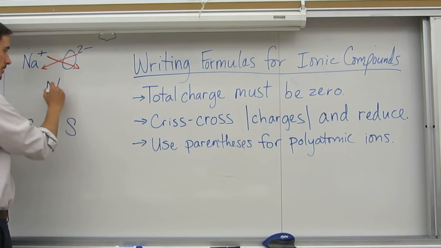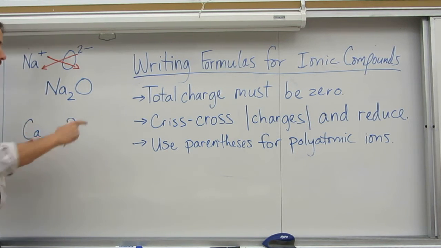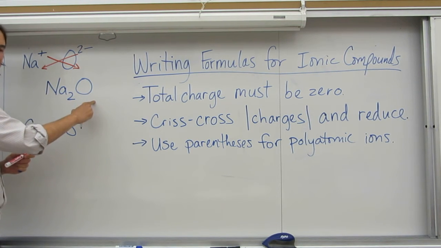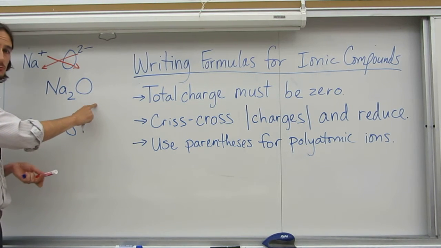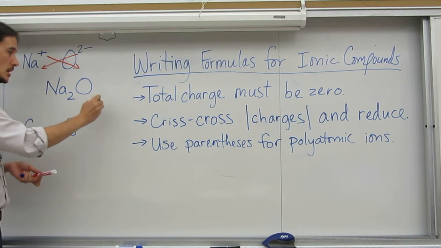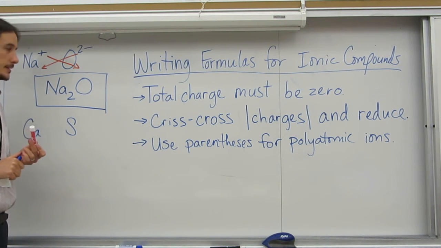And so the formula that we would write would be this. We don't need to write the 1. If you wrote it, it just looks weird. Writing a 1 really isn't going to make it wrong. It is a 2-to-1 ratio. But this is the best formula to write for sodium oxide.